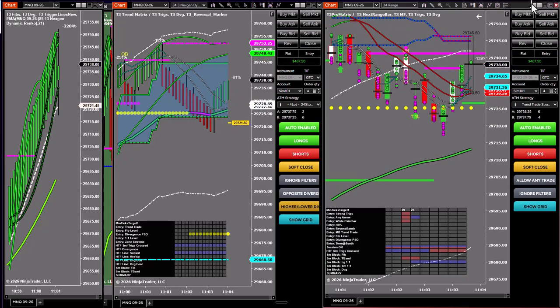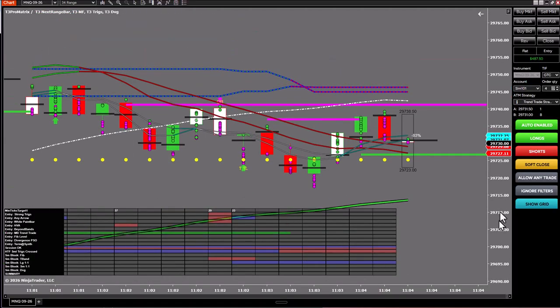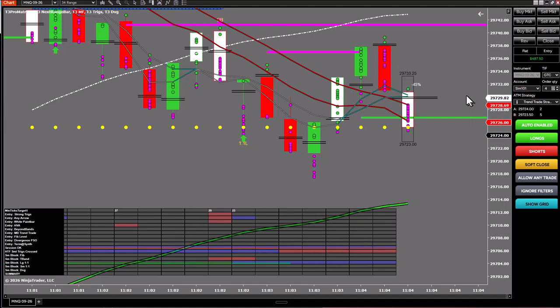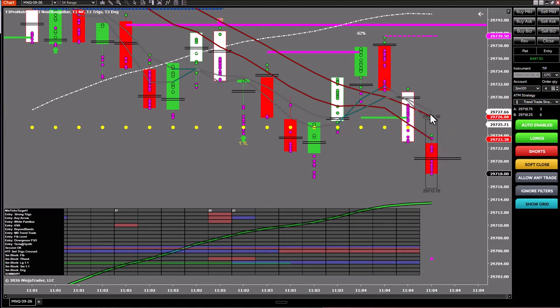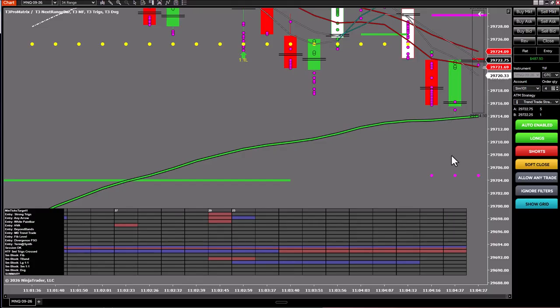But what it does, just to give you a visual, especially when you're waiting for signals or stops or things like that to happen, is it builds a big box of all the potential range. So in this case, it's 34 ticks. When a new bar happens, this box will be 34 ticks above and below the open.